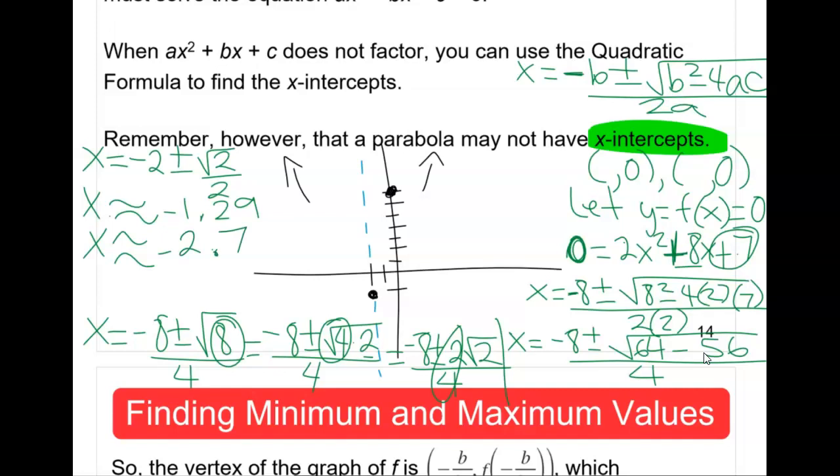So those numbers will be maybe somewhere here, and if that's negative 1, negative 2, negative 3, the other one will be somewhere here.